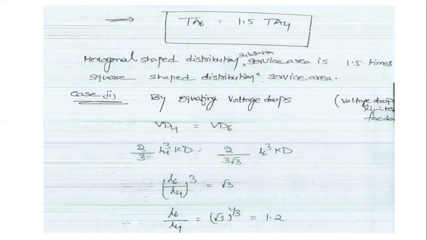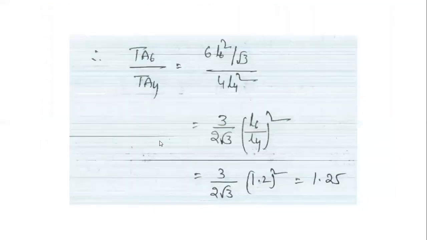By equating the voltage drops, we observe that TA6 is equal to 1.25 times TA4. That will be the comparison between the 4 feeders and the 6 feeders.